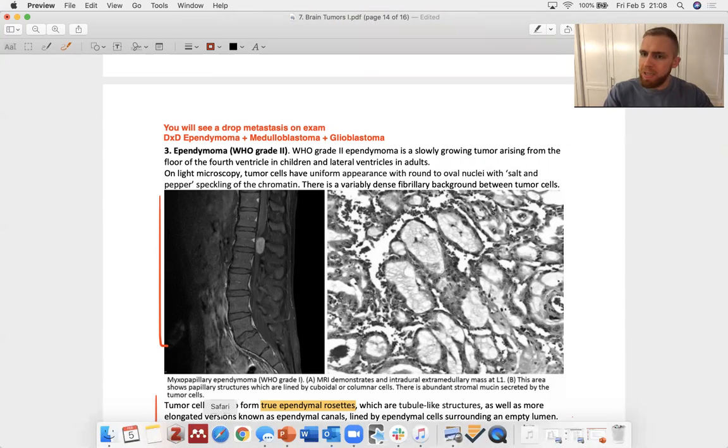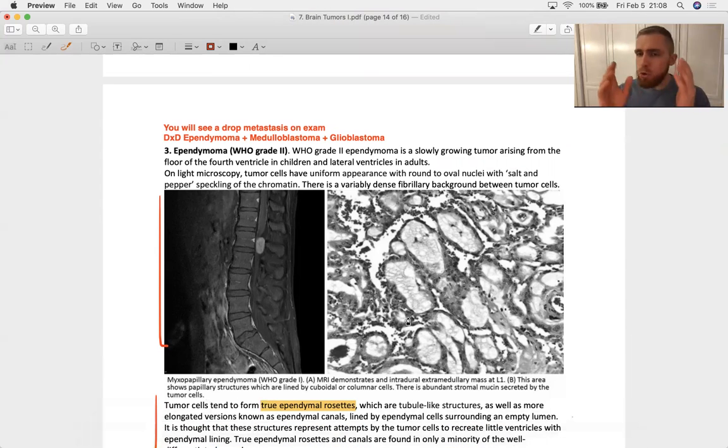However, the ependymoma does. And let me tell you why you need to differentiate the ependymoma from the medulloblastoma. It's because both of them show up inside the fourth ventricle, inside the cerebellum. And both of them can cause a hydrocephalus and present the exact same way.